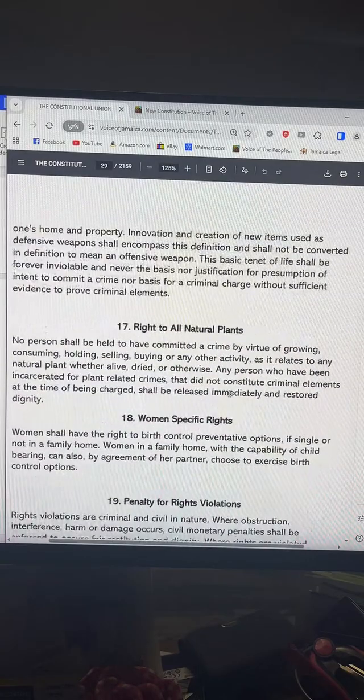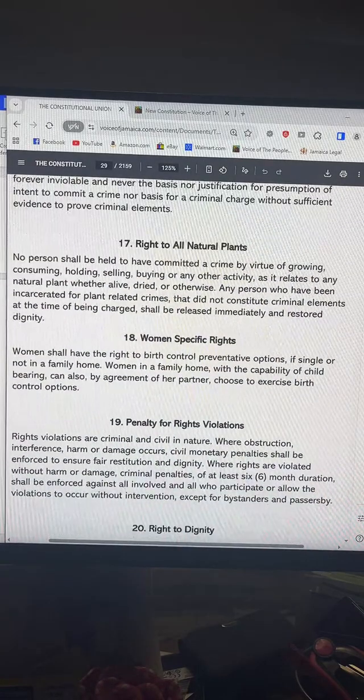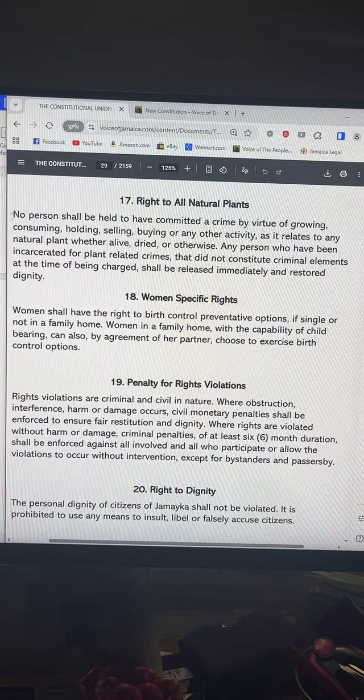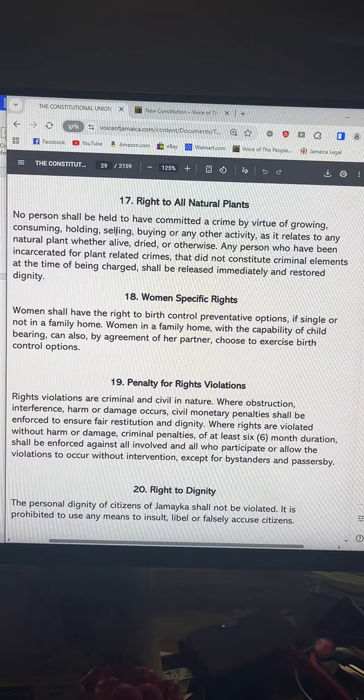So, moving forward. Right to natural plants. No person shall be held to have committed a crime by virtue of growing, consuming, holding, selling, buying, or any other activity as it relates to any natural plant, whether alive, dried, or otherwise.